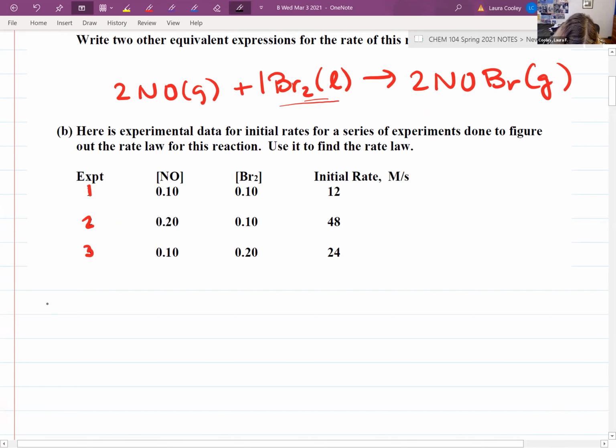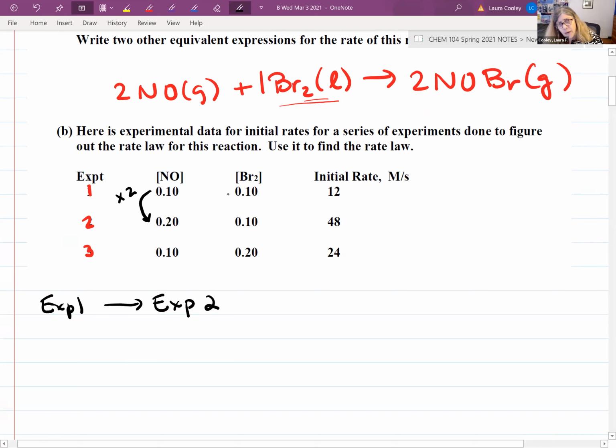So we're going to go from experiment 1 to experiment 2. And you can see that what's happening here is the concentration of NO doubles. So I'm going to write times 2 to indicate that it's doubled.